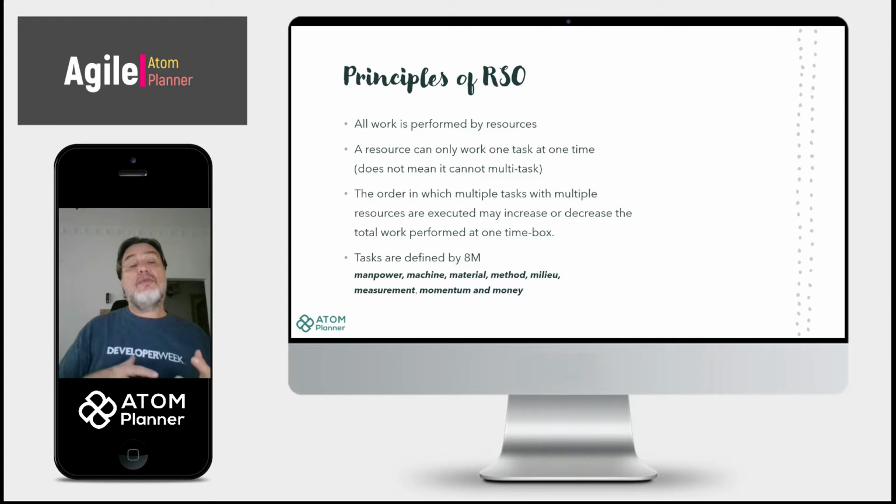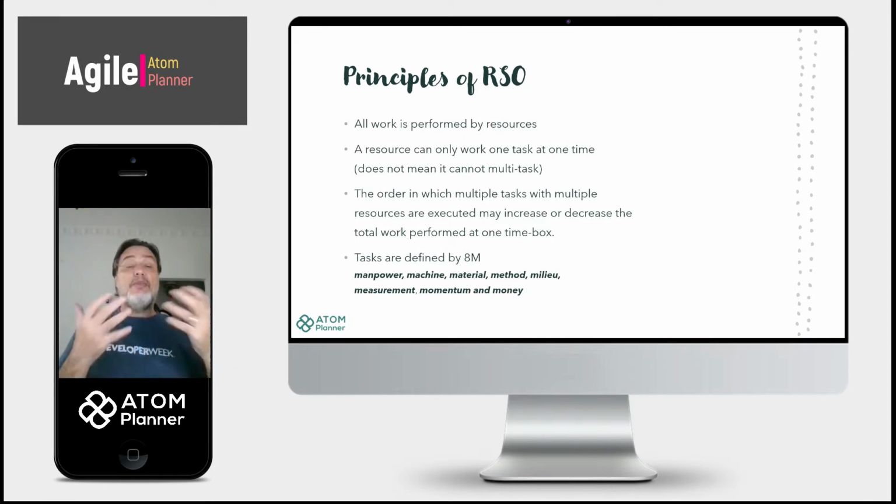And these tasks, when I'm trying to understand them, I work with the idea of the 8M. It comes from the Ishikawa 6M: manpower, machine, material, methods, the milieu, and the measurement. These all affect the way we are building these tasks. And then we have money as also an effect on how tasks can be performed, especially in environments in which you have to control the money, not just on software teams and squads and so on.